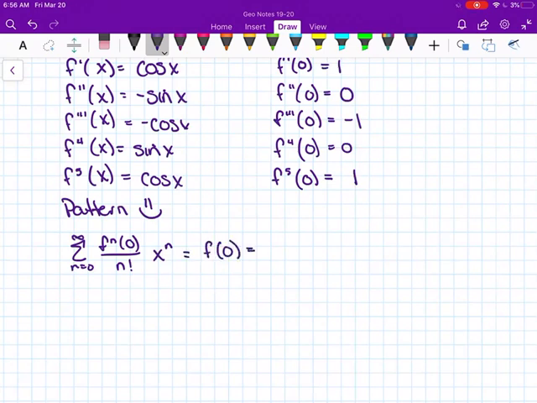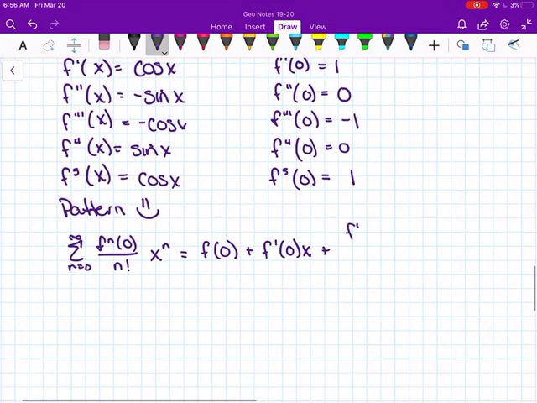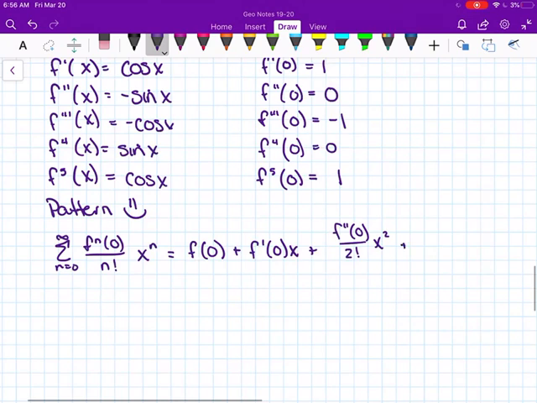I'm just going to write it out: f of 0 plus, oops, that should be a plus sign, not an equal sign, plus the first derivative at 0 times x, plus the second derivative at 0 divided by 2 factorial times x squared, and then plus the third derivative at 0 divided by 3 factorial times x cubed, and the pattern continues.